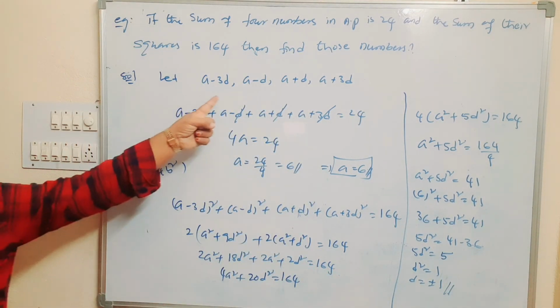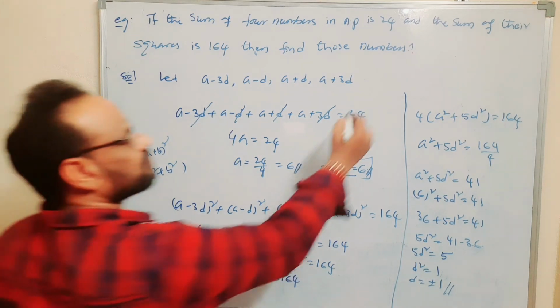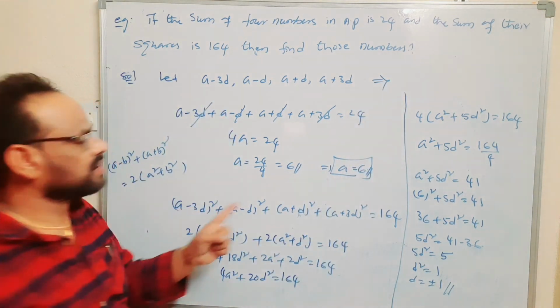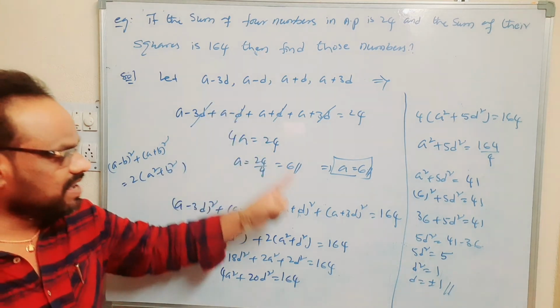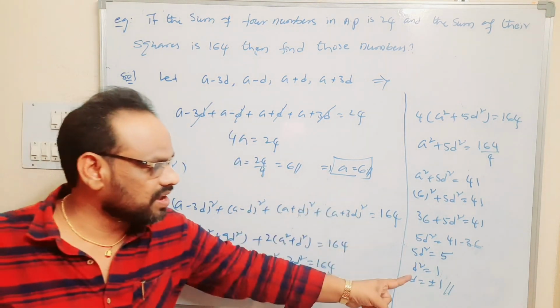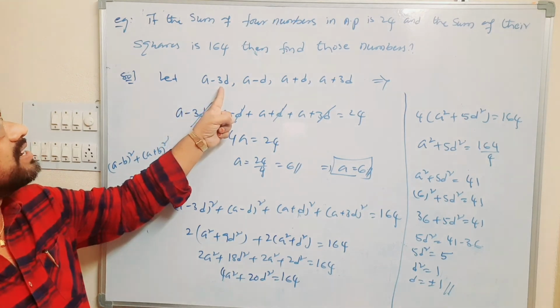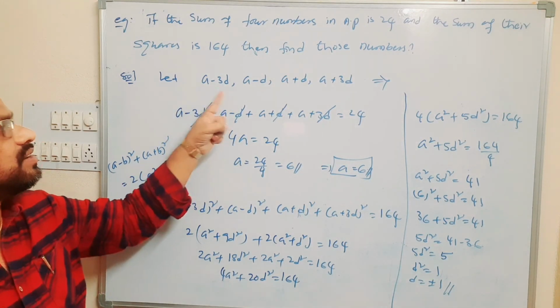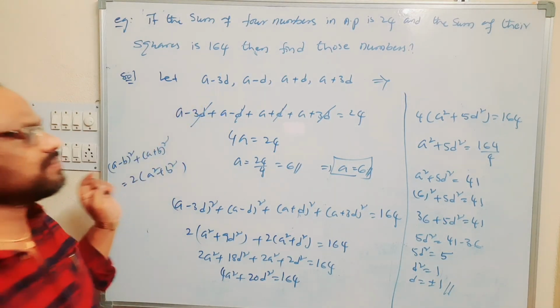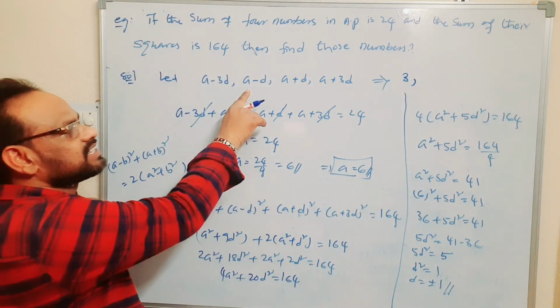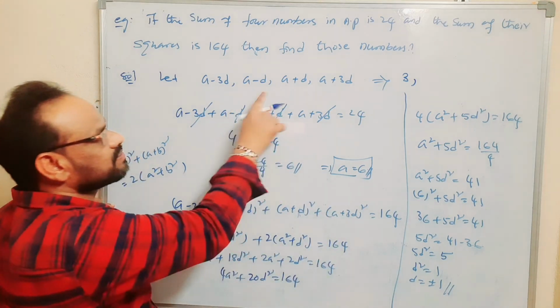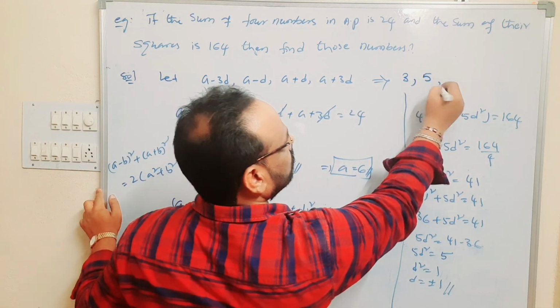We want the 4 numbers. If we substitute the d value 1 and the a value 6: 6 minus 3 into 1, 6 minus 3 is 3. Again, 6 minus d value 1, 6 minus 1 is 5.